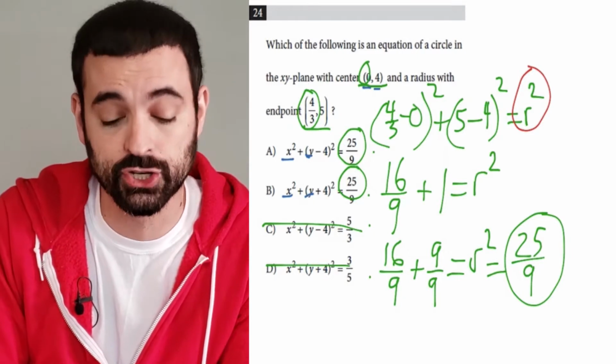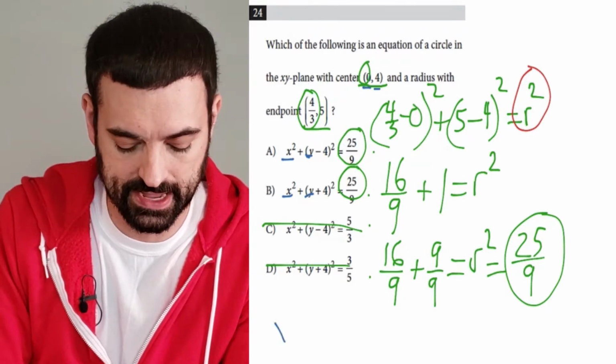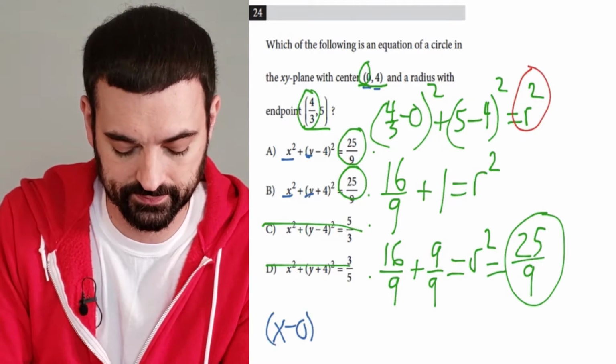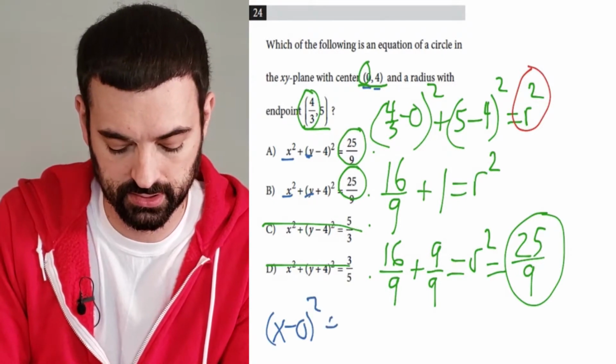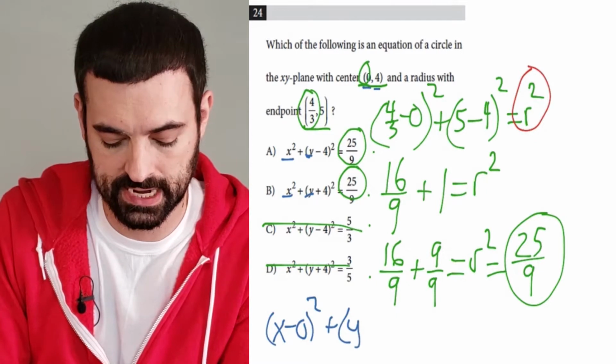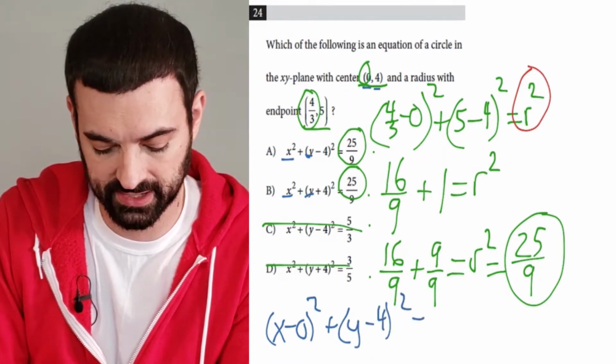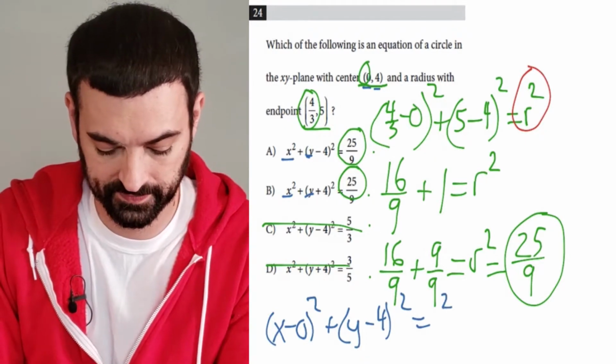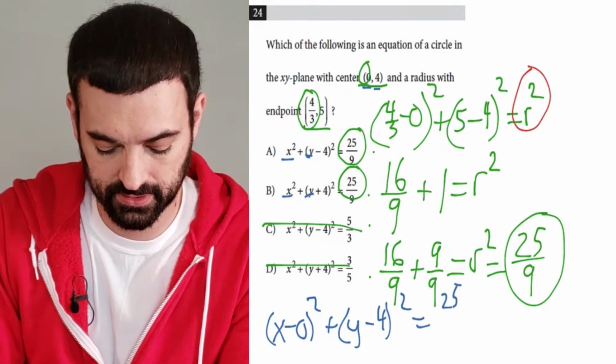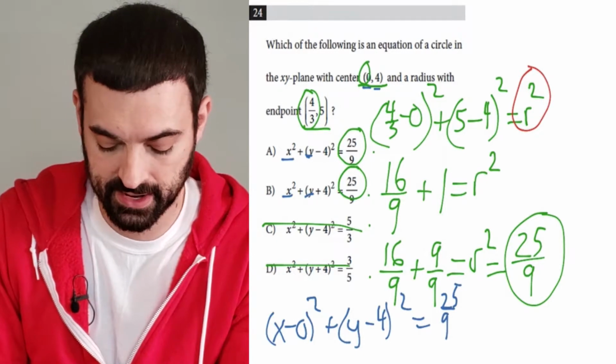The final equation in this formula should be x minus 0 squared plus y minus 4 squared equals 25 over 9.